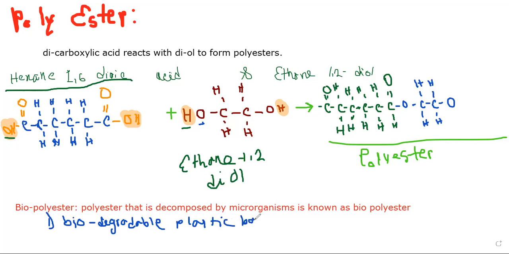Plastic bag. One more thing is biopolyester is used in surgery for internal stitches. Imagine you are having a surgery and your stitch contains plastic, a plastic rope kind of thing. Can you imagine having a plastic stitch that is not going to decompose or degrade, and is going to stay as it is inside your body?